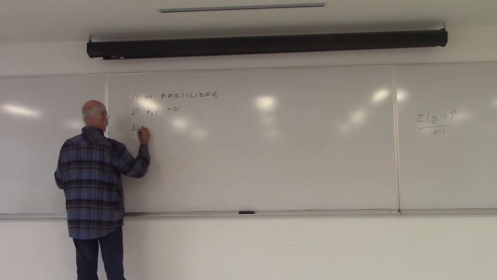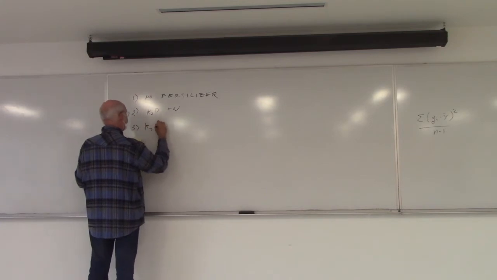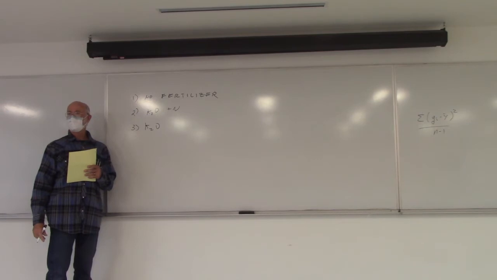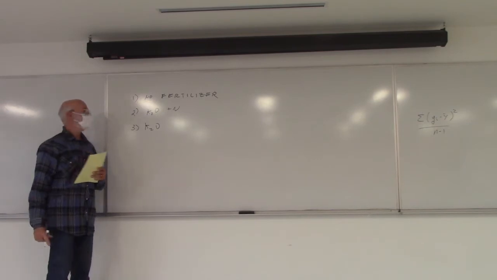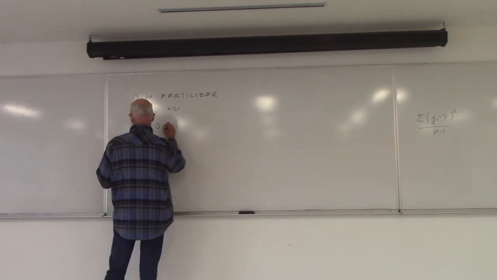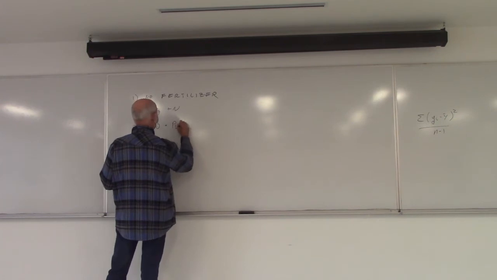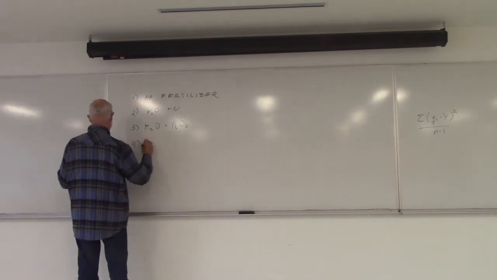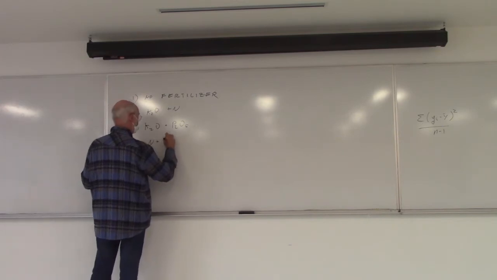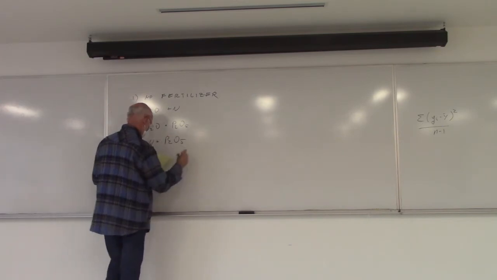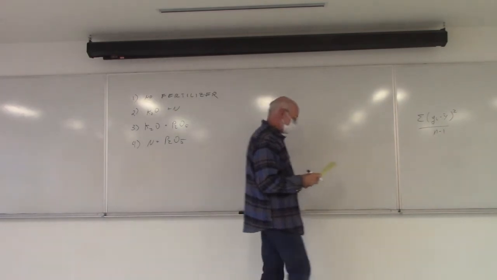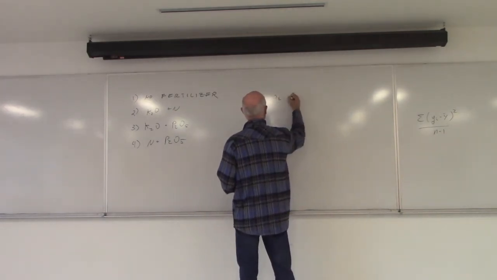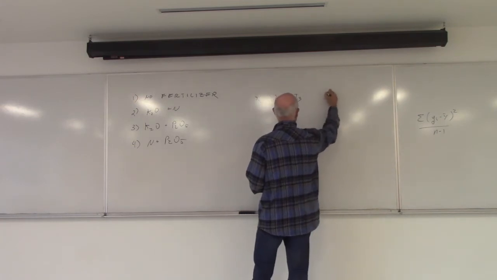Our third treatment is K2O, which is potassium, plus a phosphate, P2O5. And then our fourth treatment is going to be nitrogen plus a phosphate. So we have treatment 1, treatment 2, treatment 3, and treatment 4.